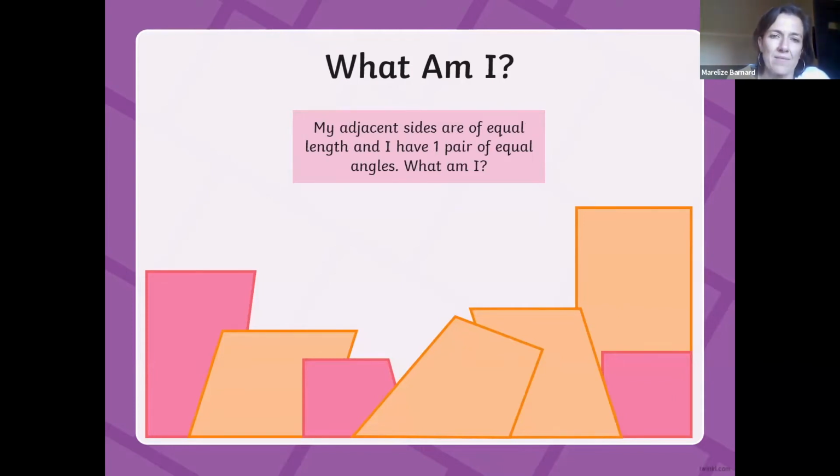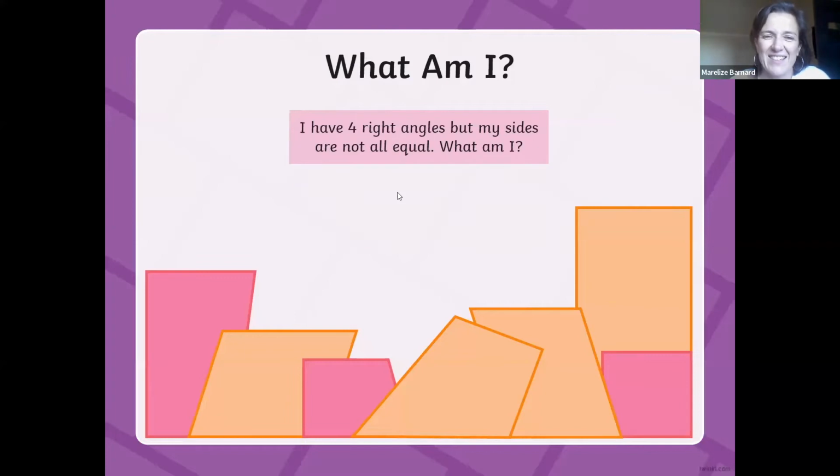What am I? Kite. You guys are fast. I'm a kite. Well done. I have 4 right angles, but my sides are not all equal. What am I? Rectangle. Excellent. Well done, everybody.